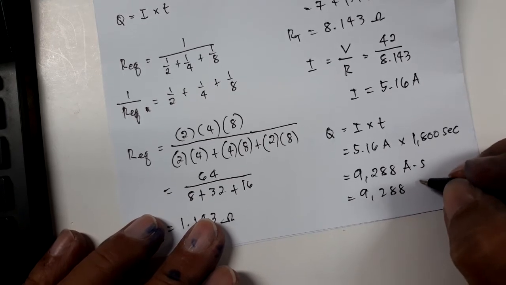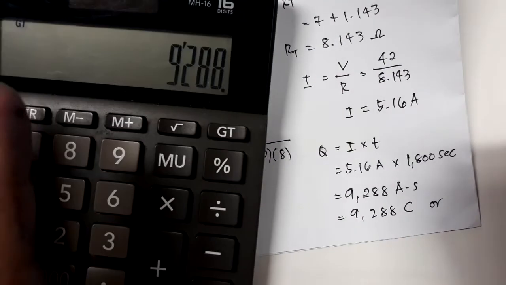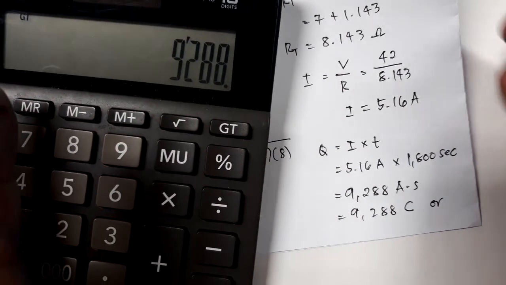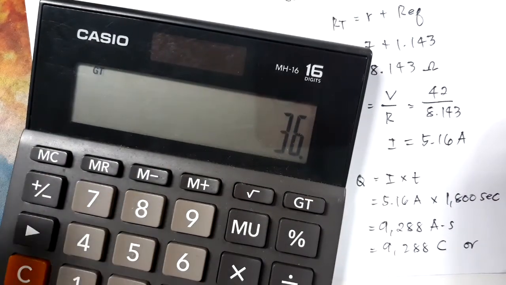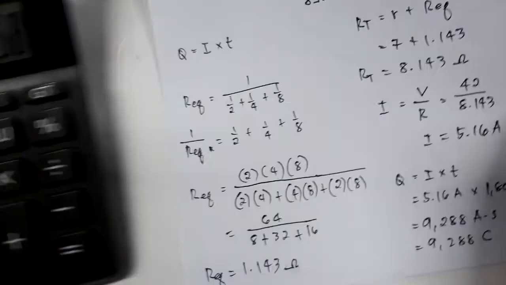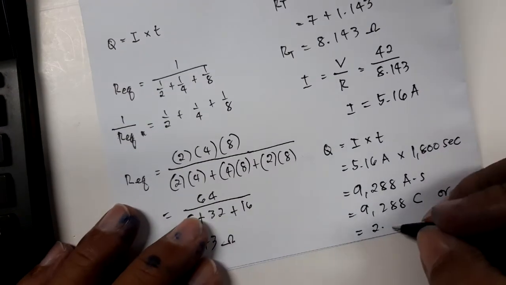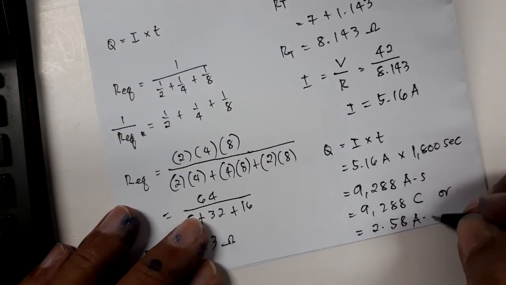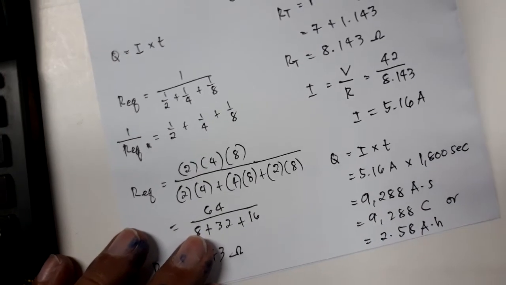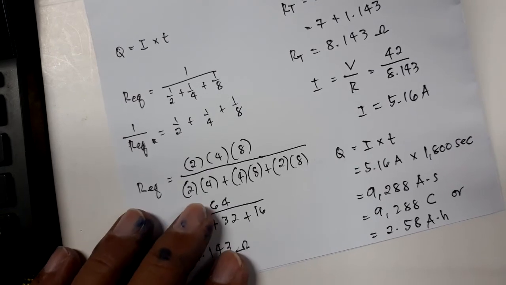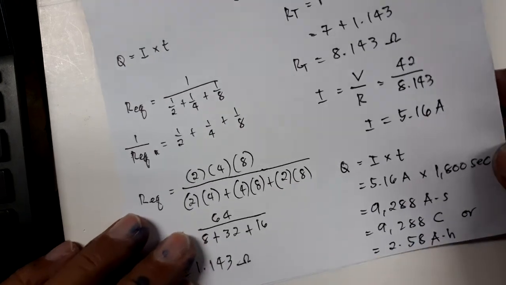Or this is equivalent to 9,288 coulombs. Or we can convert seconds to hours by dividing by 3,600, which gives 2.58 ampere-hours, AH.